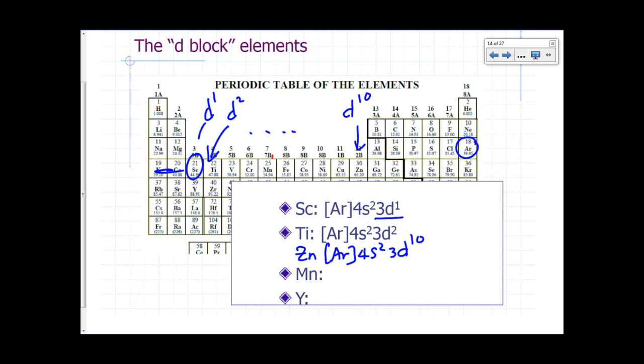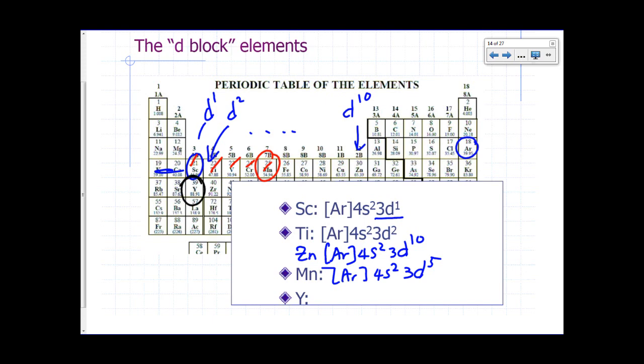What would it be for manganese? Manganese is over here, so this is d1, d2, d3, d4, d5. So manganese will have an argon core, 4s2, 3d5. Now what about yttrium down here?